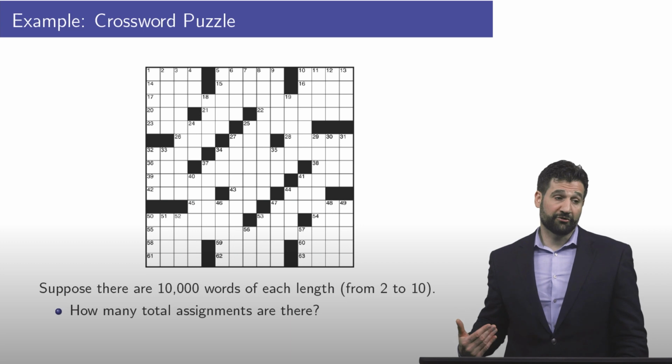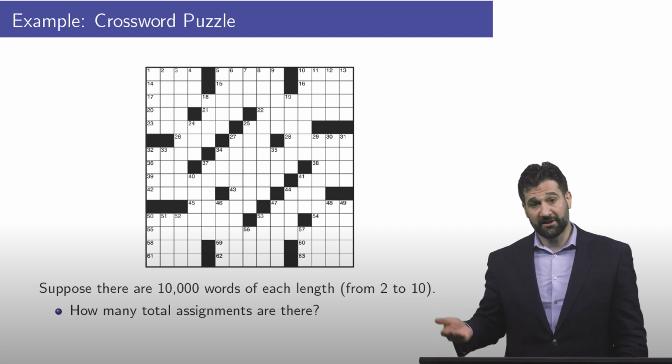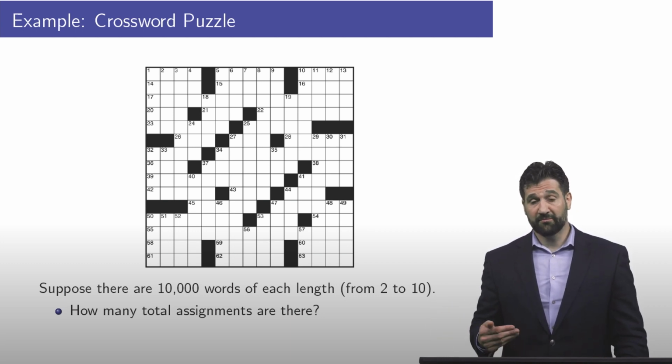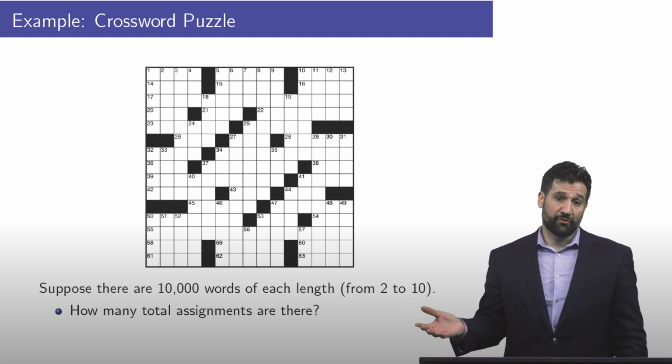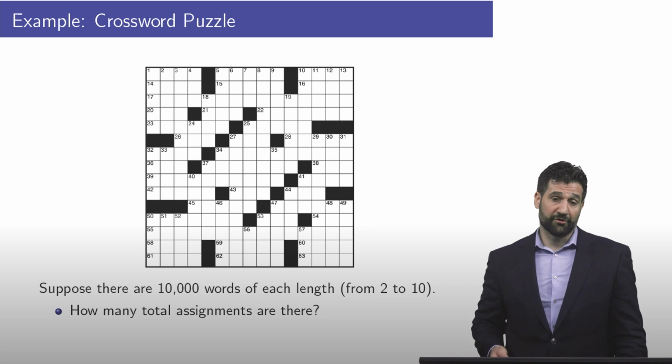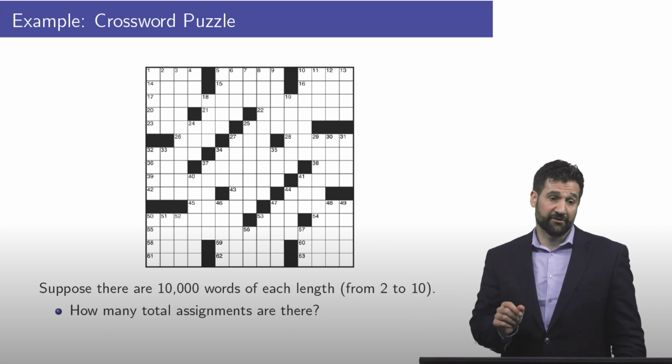And if we don't restrict the domain like I did in the previous example, and we say, hey, it could just be any of 10,000 words, and we treat the length of the word as a constraint, right away we could see that we have grown the search space significantly, because we're going to have 10,000 times 10,000 times 10,000 for each of the variables.